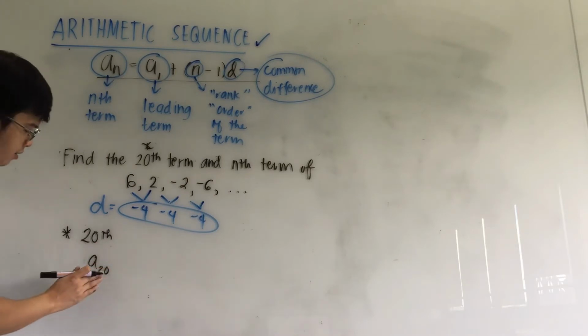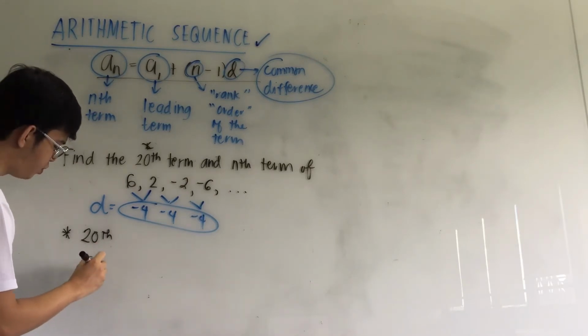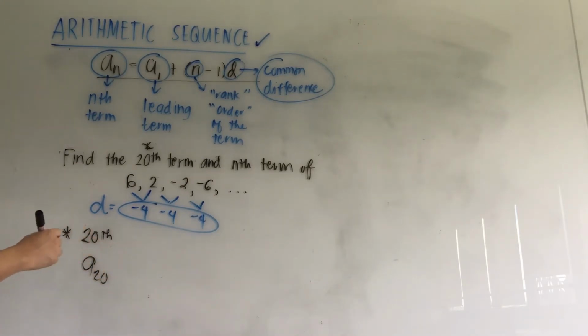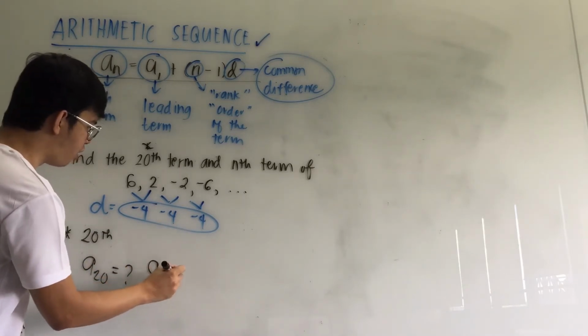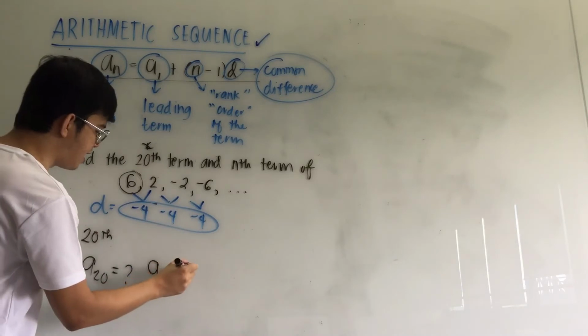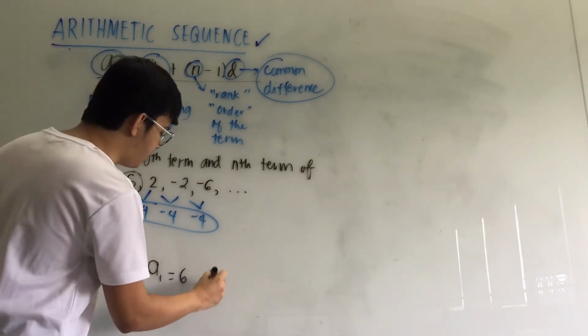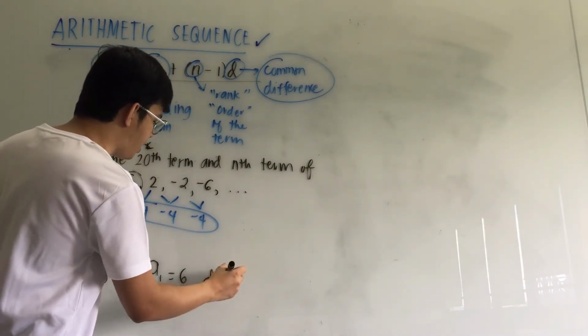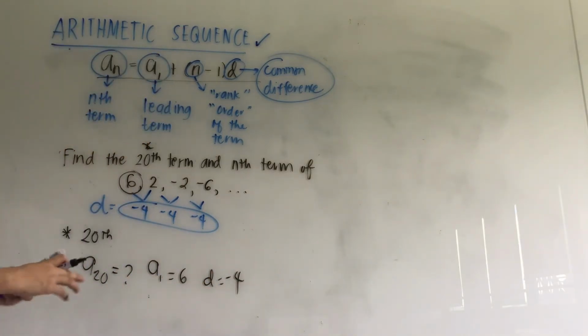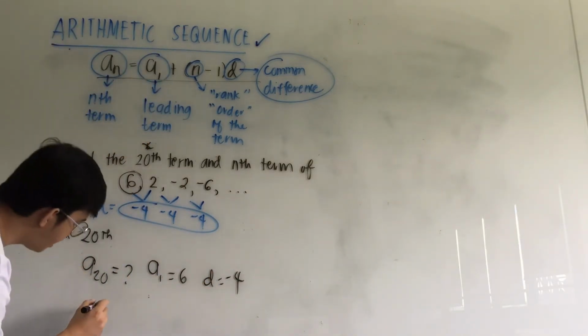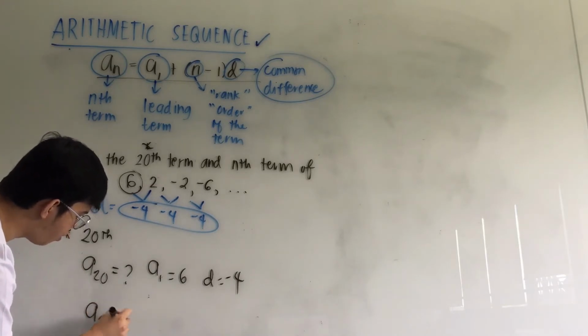So a sub 20 is unknown. Your a sub 1 here is what? Of course, it's 6. It is stated first. And then your common difference here, according to our solution, is negative 4. So therefore, we just have to substitute it.